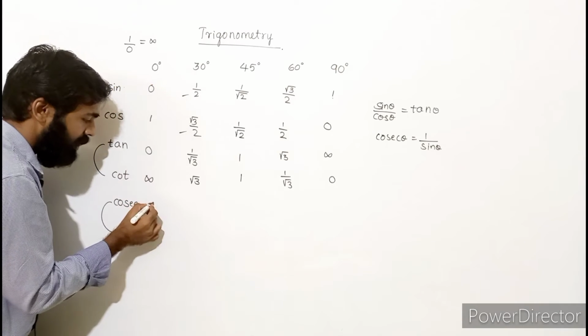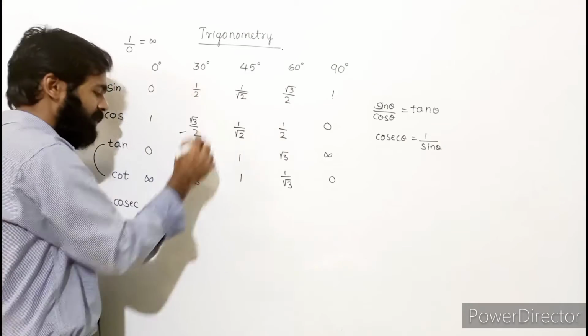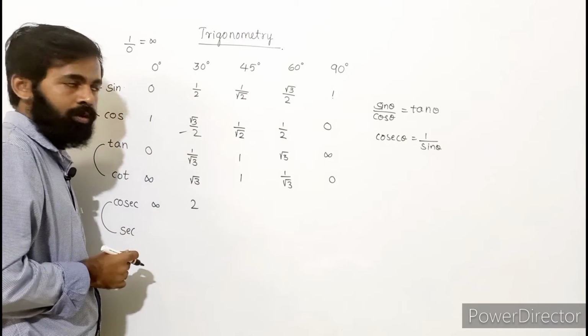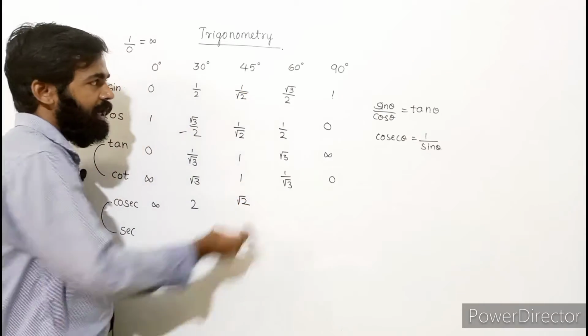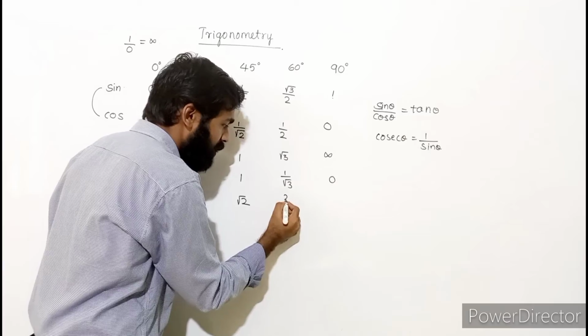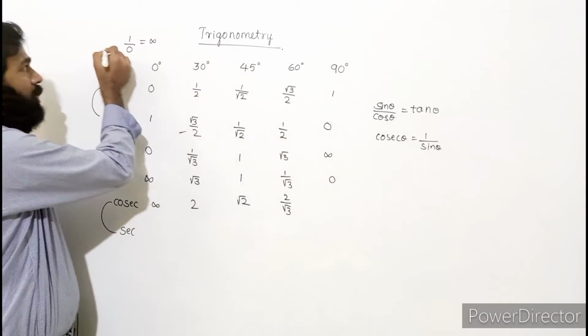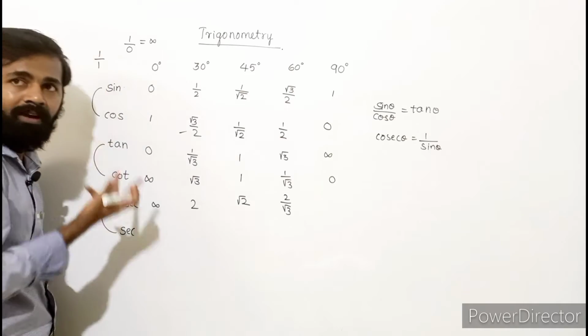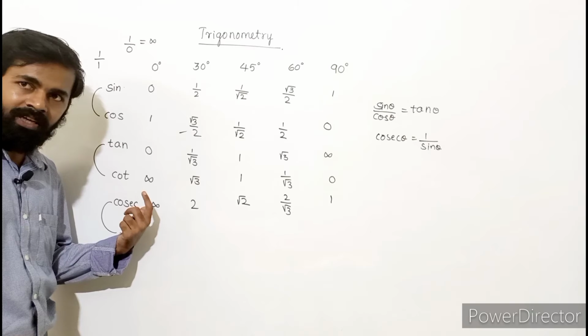The reciprocal of 1 by 2 is 2. The reciprocal of 1 by root 2 is root 2. The reciprocal of root 3 by 2 is 2 by root 3. The reciprocal of 1 is 1 by 1, which is 1. Now we have the values of cosec.